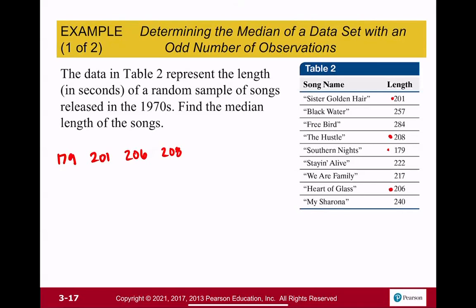Now in the tens, we have 217. And that's it. 20s, 222. 30s, no. 40s, we have 240. 50s, we have 257. And the last one, 284. And we'll write all the numbers down here.